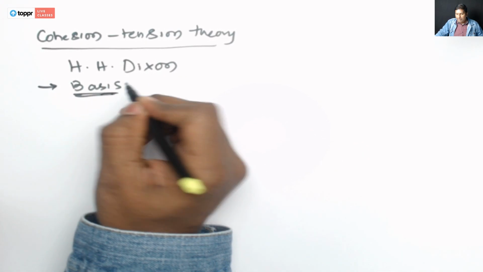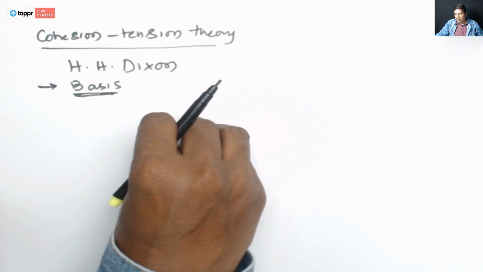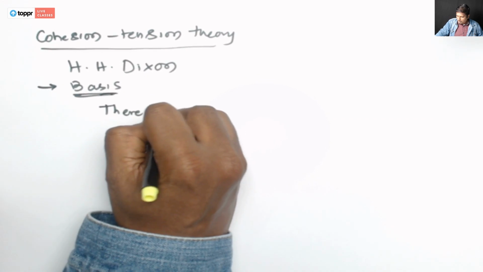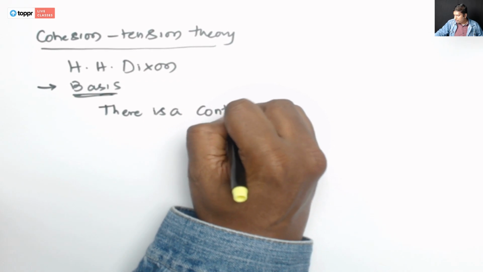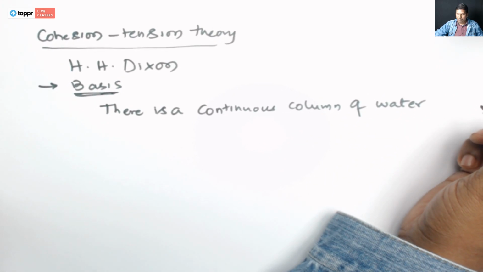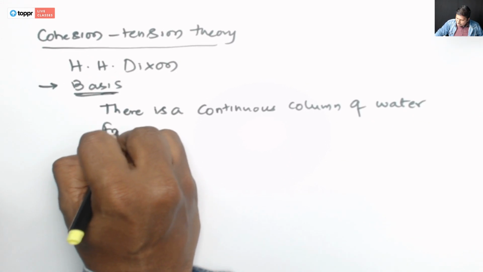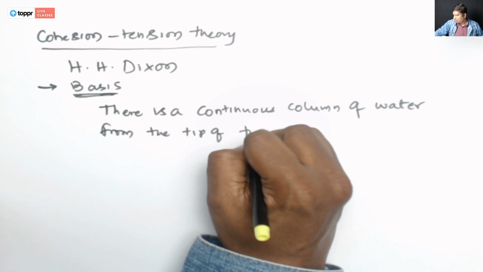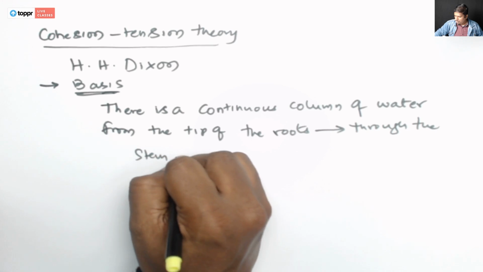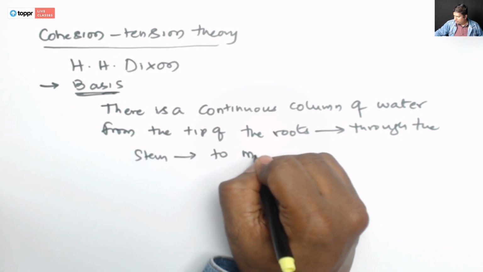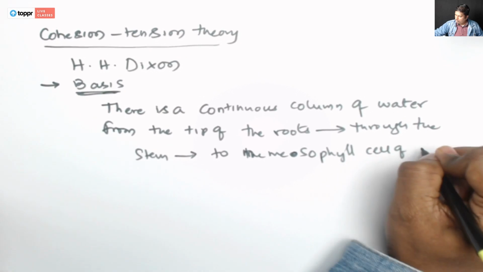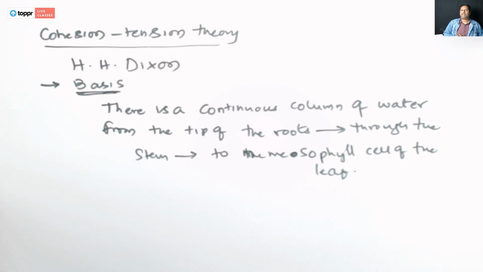Unless until this has been proved later, when it was proposed, it was assumed that there is a continuous column of water from the tip of the roots through the stem to the mesophyll cells of the leaf.